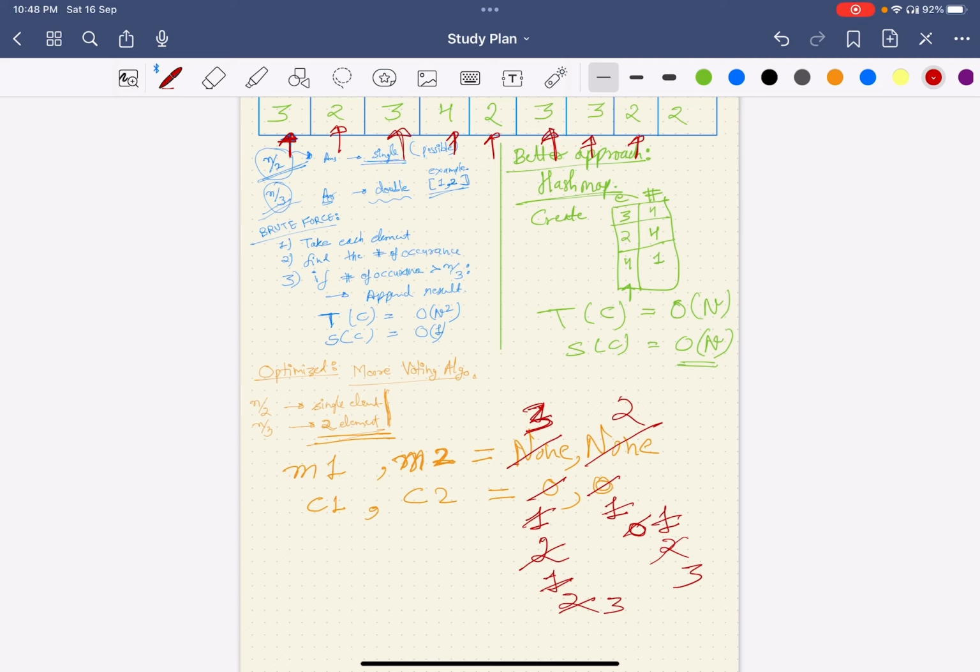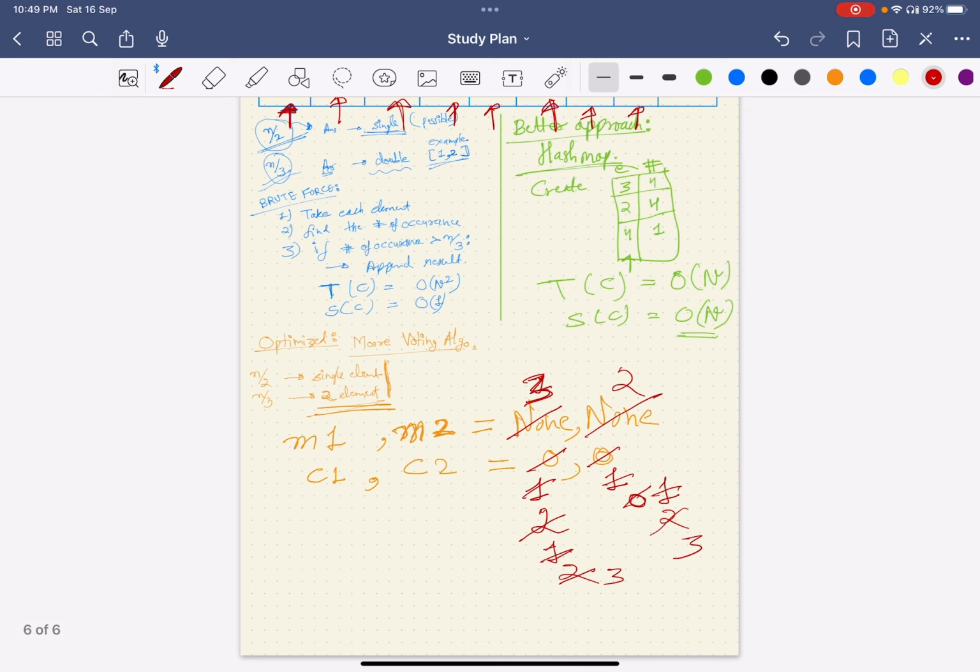But I need to make sure that both majority elements are actually greater than n by 3. So I have to do validation.